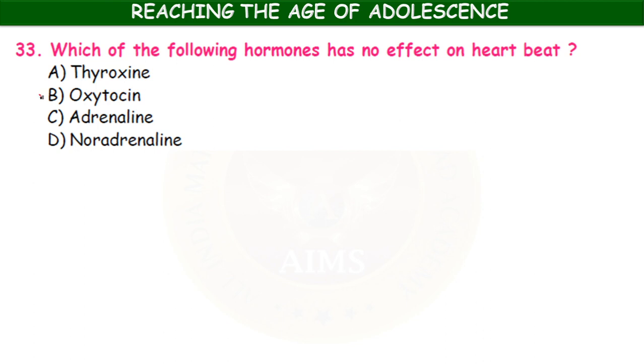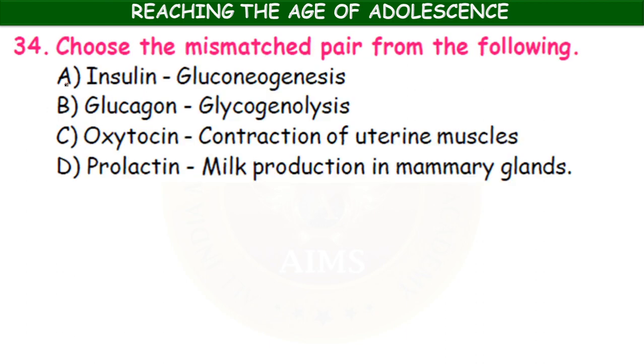Oxytocin is produced in the females and it helps in the delivery of the child. At the time of childbirth, this is released, which helps in the contraction and relaxation of the uterus muscles. So oxytocin has no effect on heartbeat.